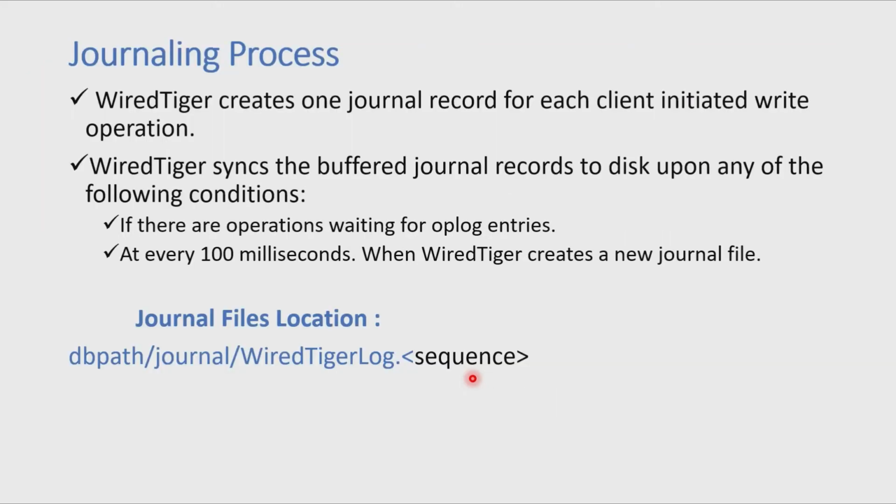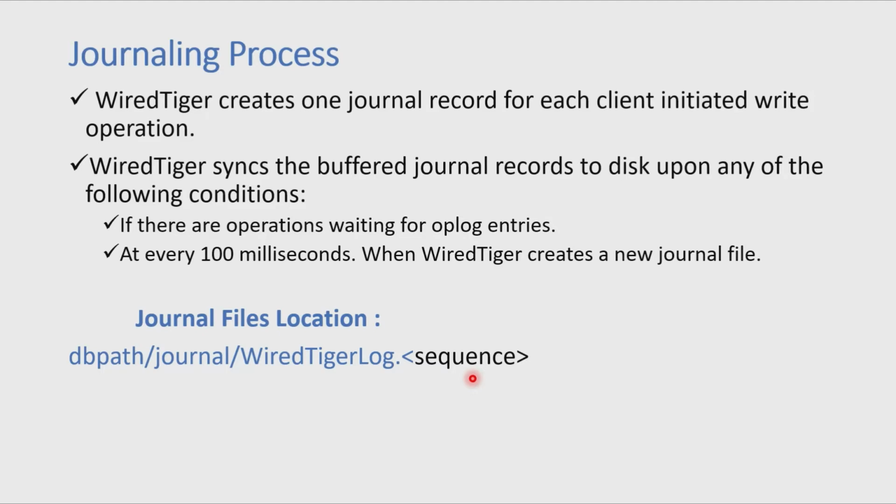The journaling process, how does it happen? By default, WiredTiger creates one journal record for each client-initiated write operation.